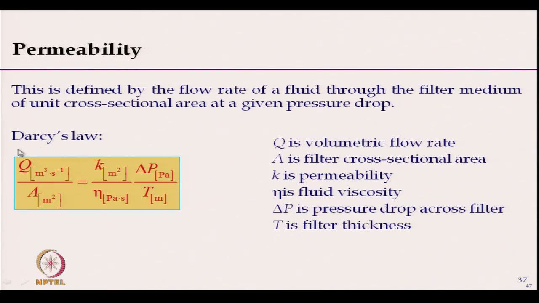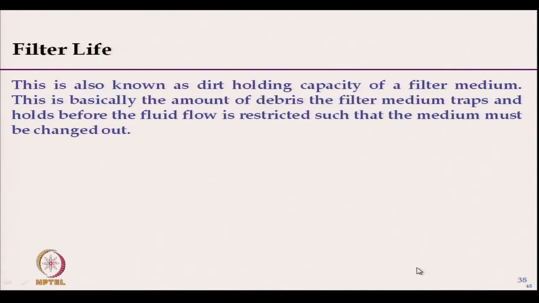As per Darcy's law, this is Q by A, where Q is the volumetric flow rate and A is the cross section of the filter medium. So, it depends on the fluid viscosity, pressure drop and filter thickness. K is the permeability.